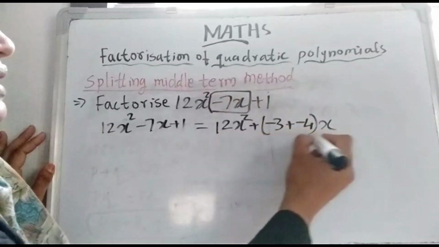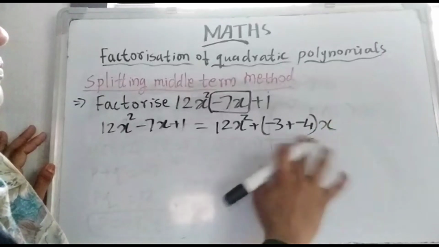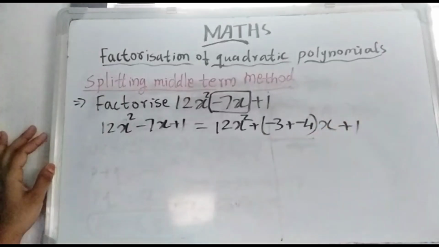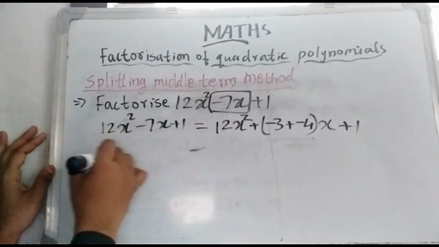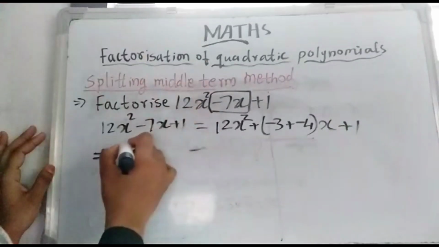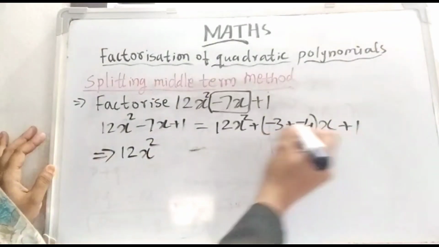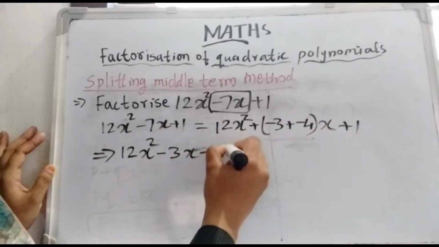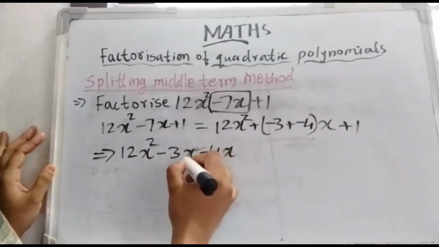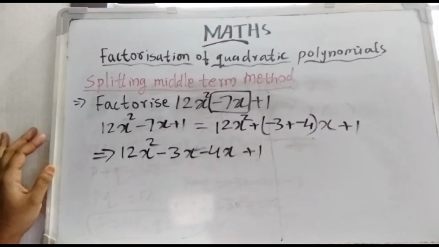Clear? Plus 1. Which implies 12x square minus 3 into x minus 4 into x, that is minus 3x minus 4x plus 1. Clear?